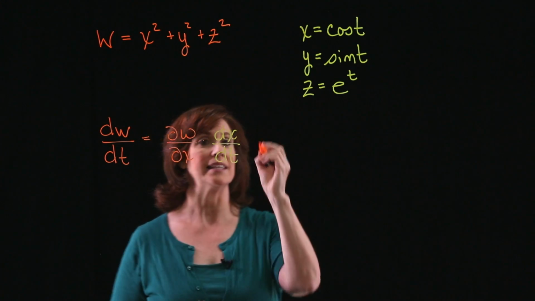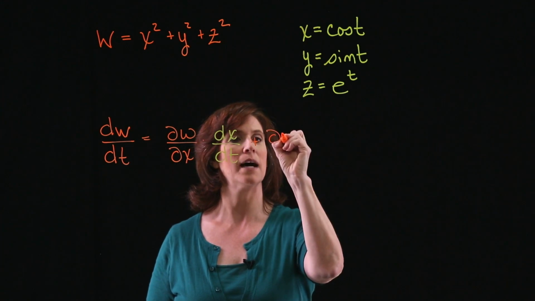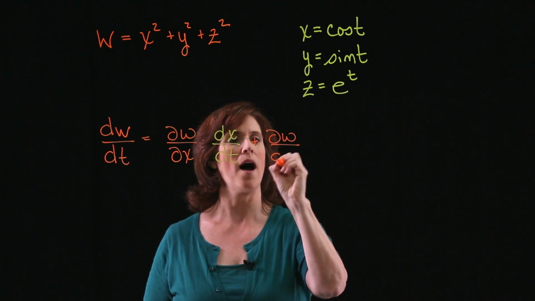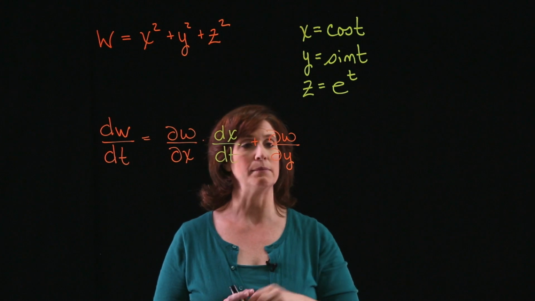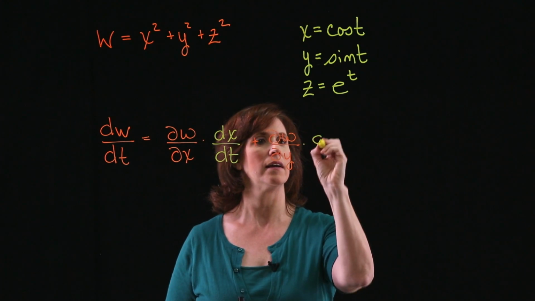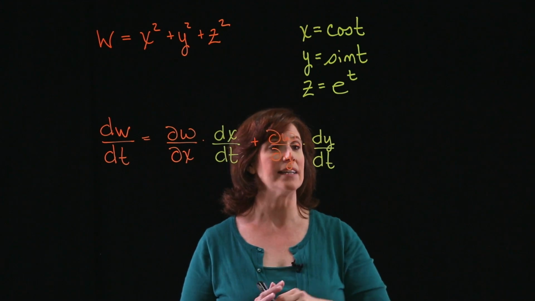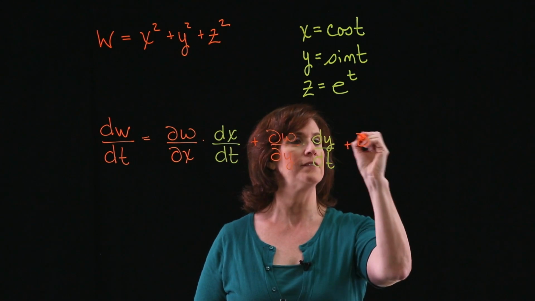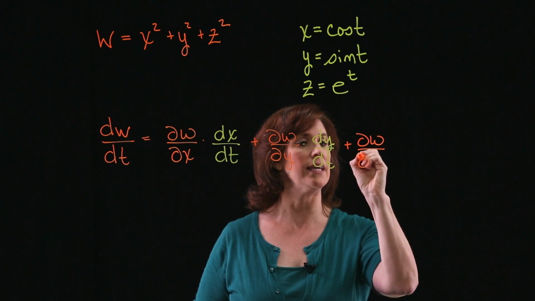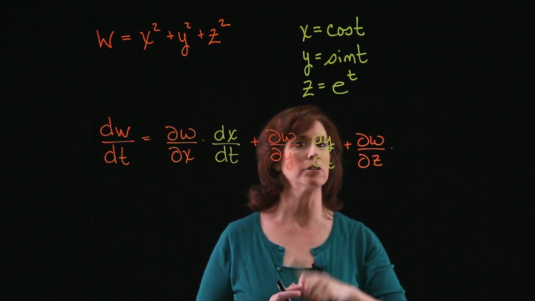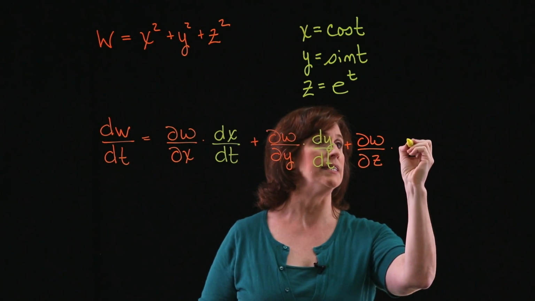I'm then going to add this to the partial of w with respect to y times dy dt. And then add that to the partial of w with respect to z and multiply it by dz dt.